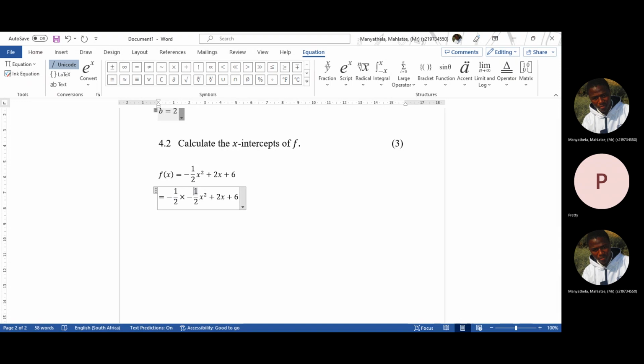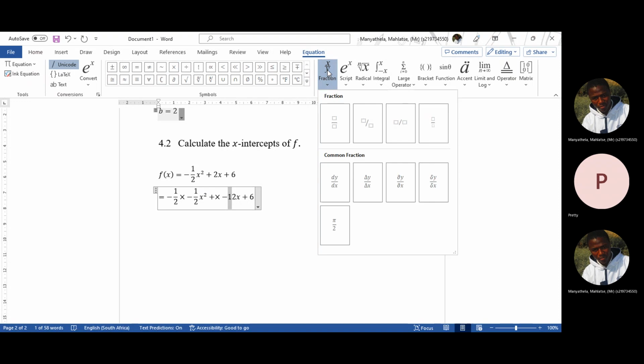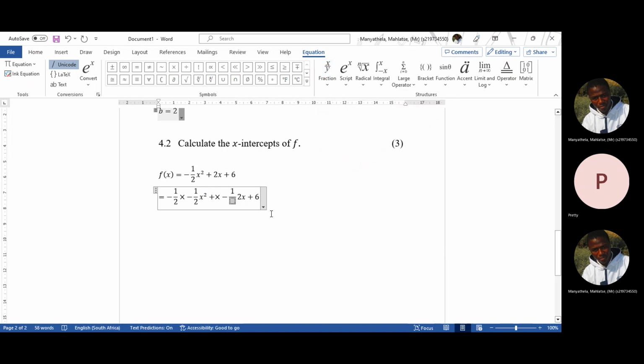Multiply by negative 1 over 2, in brackets, because when you see brackets it means we are multiplying.